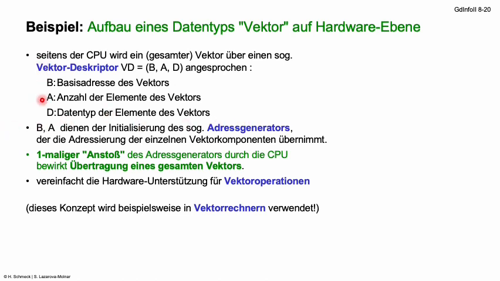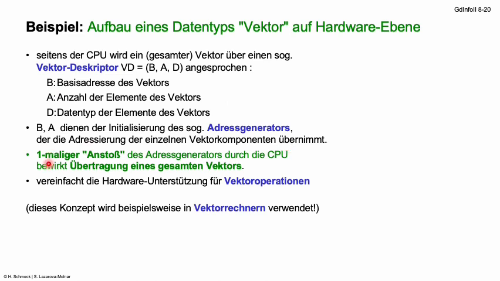B and A are important for initializing the so-called address generator. So we know where it starts and how many elements it takes, so that it can address the individual vector components as well.